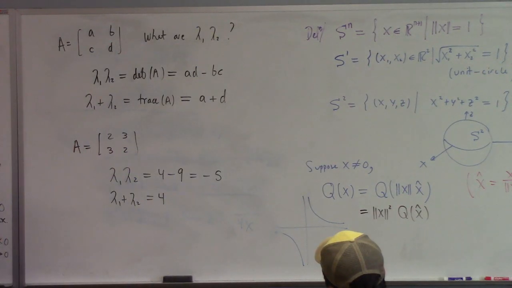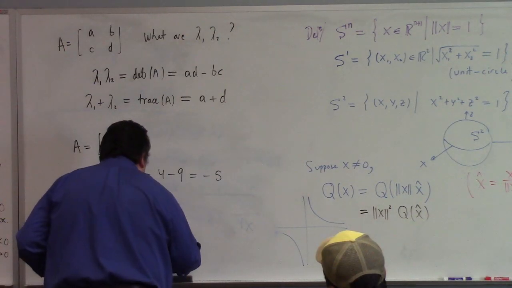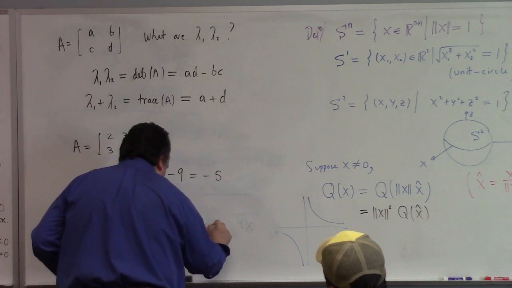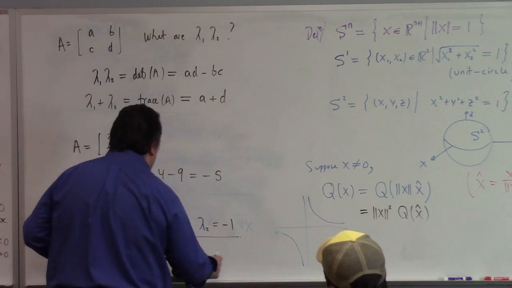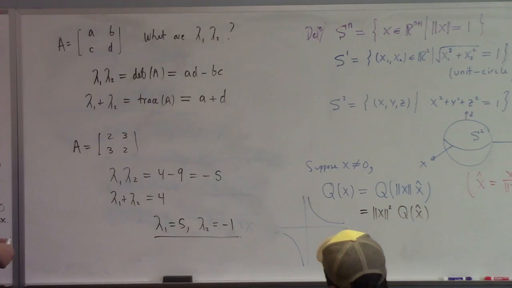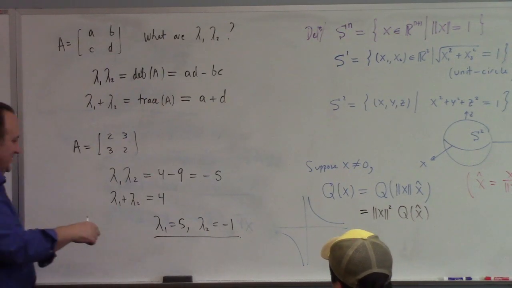What are the eigenvalues? You said lambda 1 is 5, and lambda 2 is negative 1? Well, make a choice, fine. Would that work? Oh, yeah, fair enough for our notation.